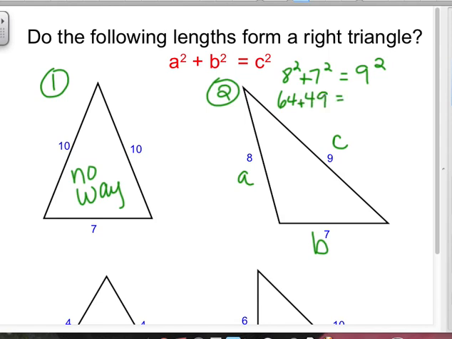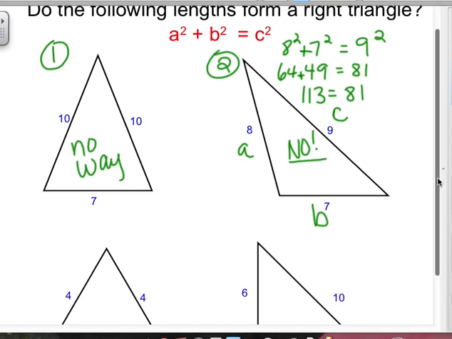And that's supposed to equal 9 squared, which is 81. 64 plus 49 does not equal 81. So no, not a right triangle. And it doesn't even look like a right triangle. But we just mathematically proved it's not a right triangle. It does not fit the Pythagorean theorem.